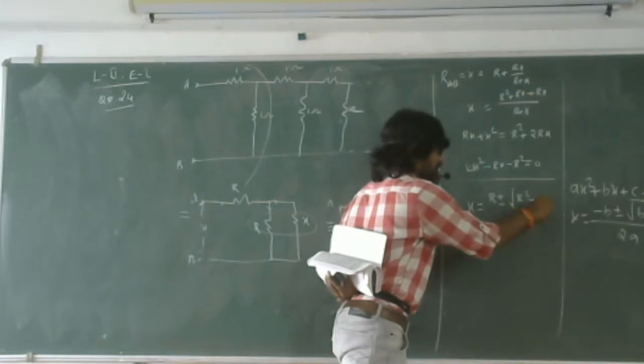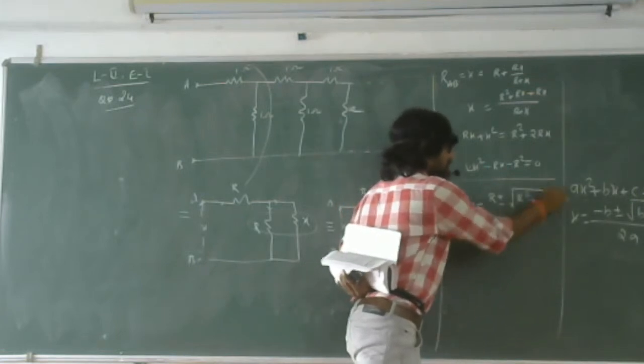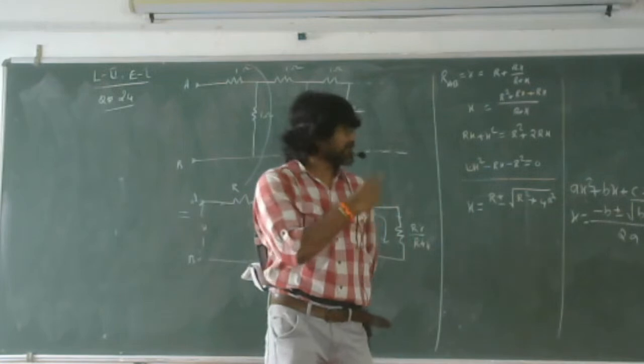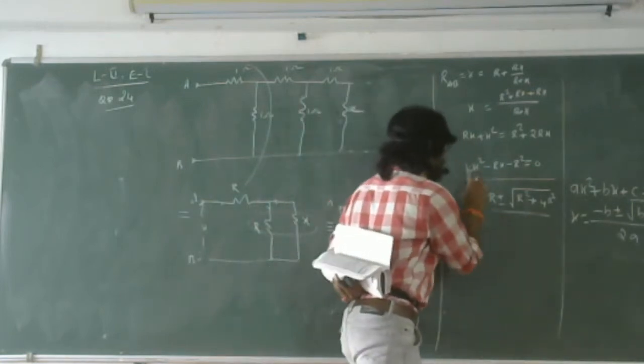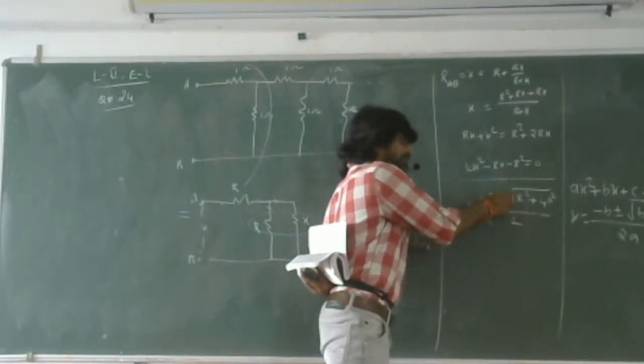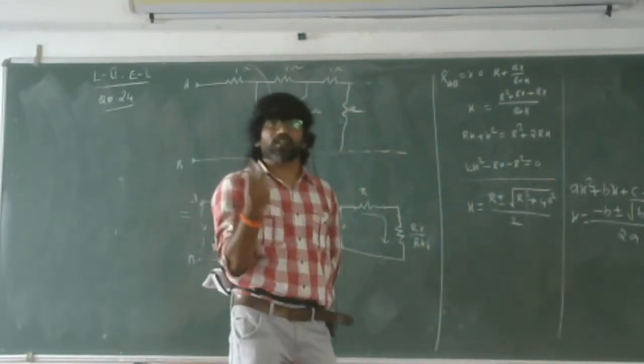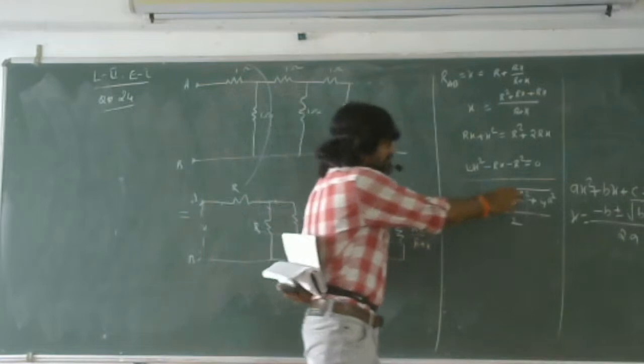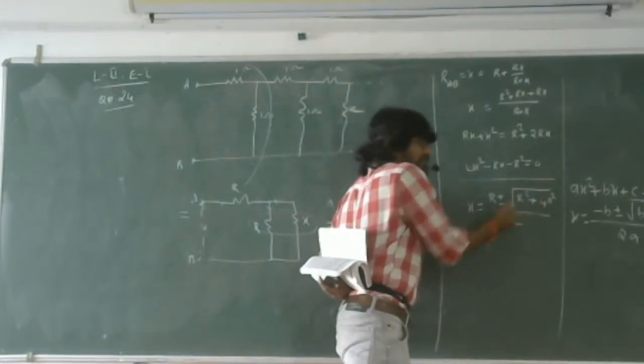So minus of minus plus 4 R square. So you get R square plus 4 R square by 2a. A is 1, so 2. So here plus or minus will be there. If you take plus, we get one root, minus gives another root.